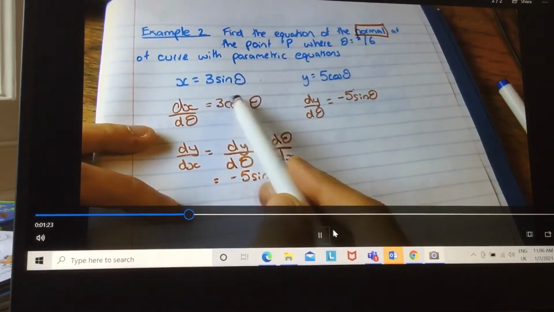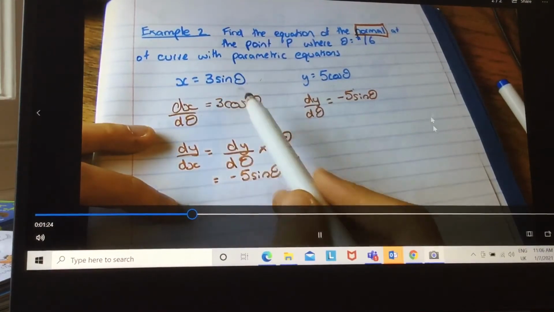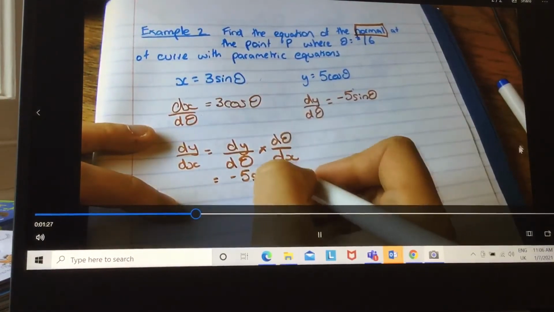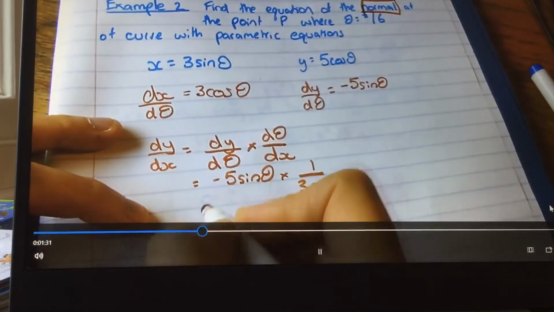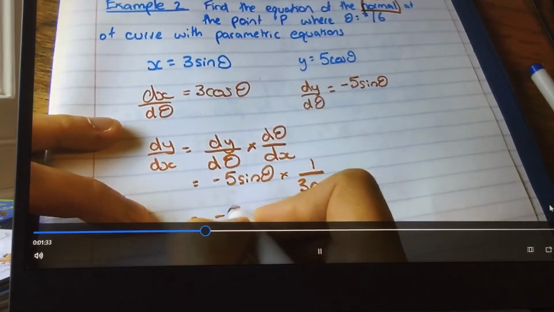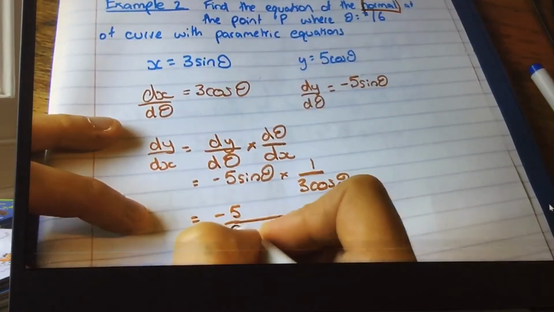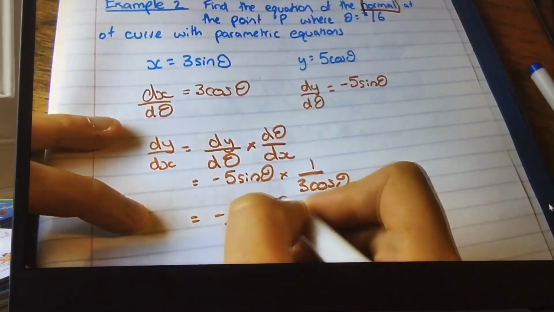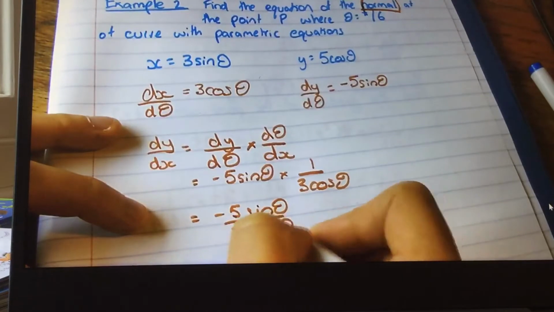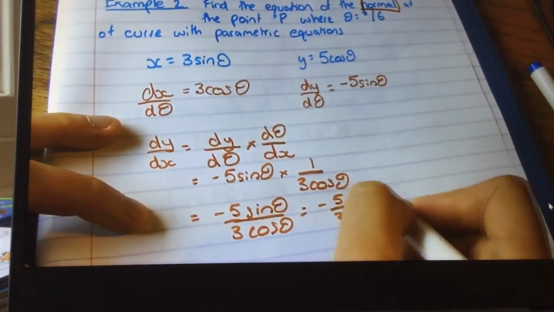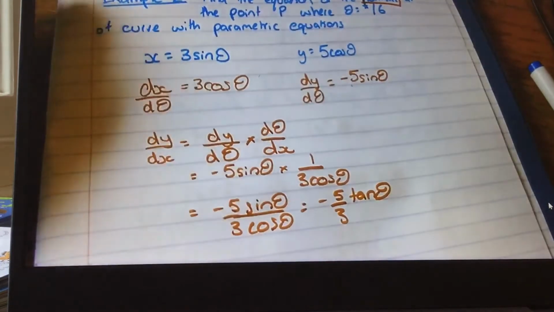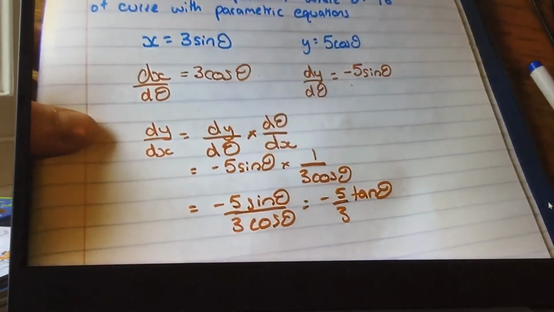My reciprocated dx by d theta, upside down, would essentially be 1 over 3 cos theta. Well, this would simplify to minus 5 over 3 sine theta over cos theta, which is just minus 5 over 3 tan theta.